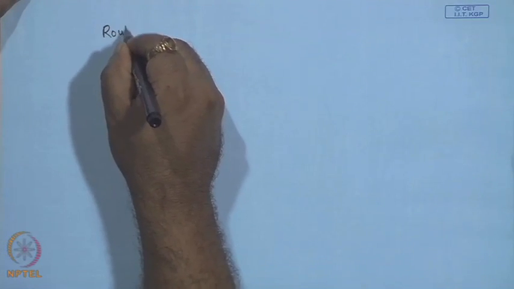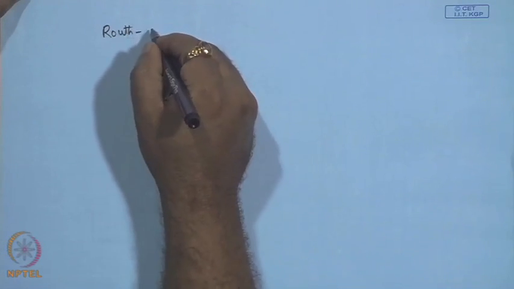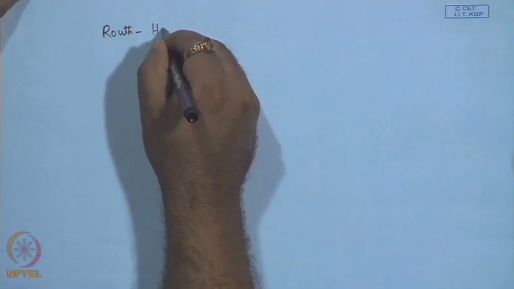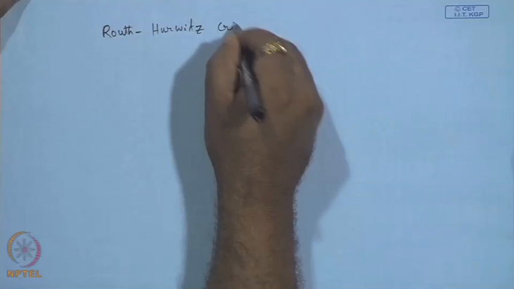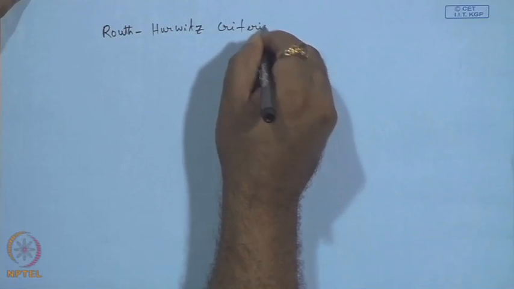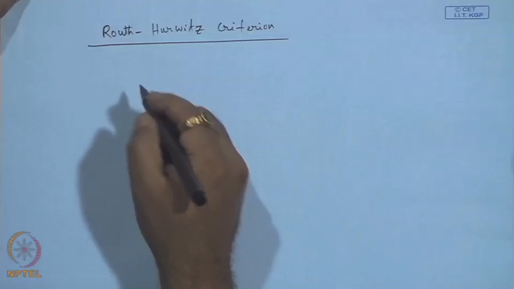So, one of the popular methods is the Routh-Hurwitz criterion.